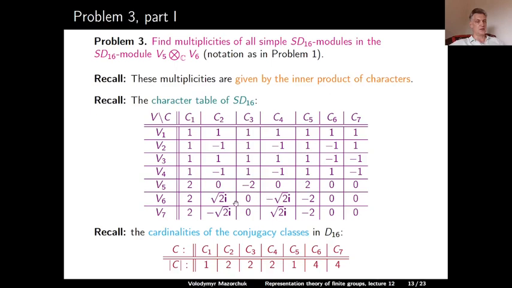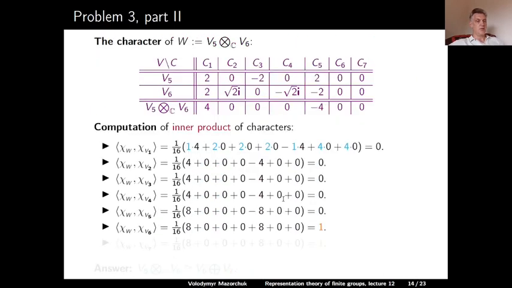So when computing the inner product, we need to take the complex conjugate of the entry which we have here. But since the value of the character of V5 tensor V6 at these conjugacy classes is still 0, it doesn't matter. The summand which we'll get here will be still 0.